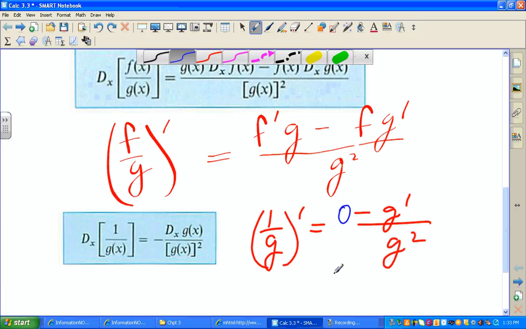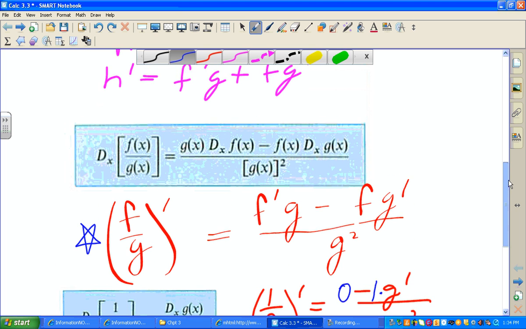To me, it's not worth the mental space to memorize this because if you did the quotient rule, you'd have 0 minus the derivative of g, because there's a 1 right here, all over g squared. There's nothing magical. It never is in math. It's just a shorter way of remembering it for some people. I always use the quotient rule, even on reciprocal problems. I just write 0 minus all that stuff. Okay? So there are some relationships.